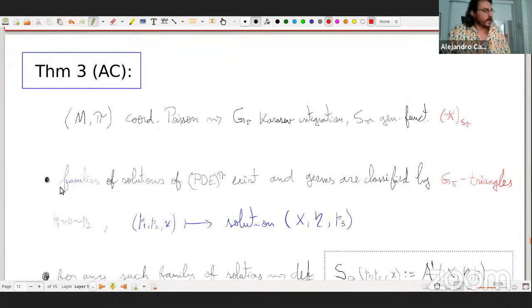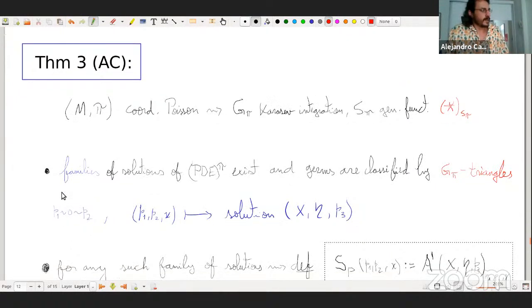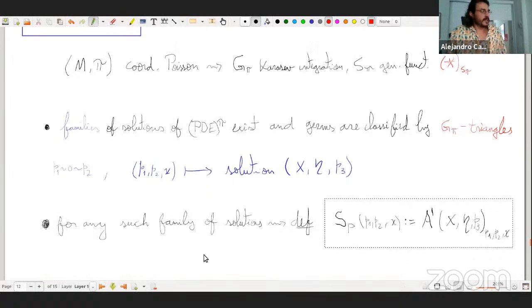So what I keep of this first part is that solutions exist, and even more, we can say what they are. But the important thing is that if you have such a family, you can plug it into the functional and get a number. But this number will depend on the parameters of the PDEs, right? So this defines a function of the parameters.